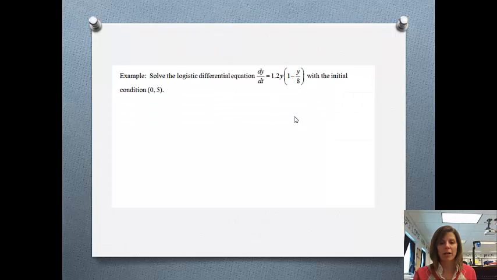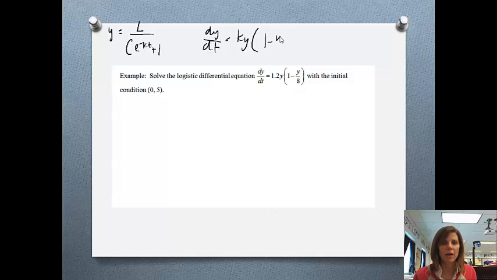All right, and we're going to go ahead and now do an example. This one says to solve the logistic differential equation, dy/dt equals 1.2y times the quantity 1 minus y over 8, with the initial condition (0, 5). So please keep in mind that we had y is equal to L over C e to the negative kt plus 1, and we started out the differential equation was dy/dt equals ky times (1 minus y over L).